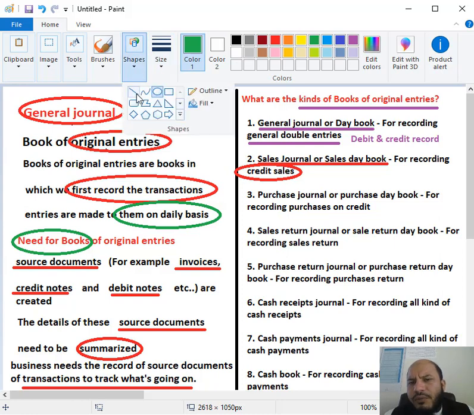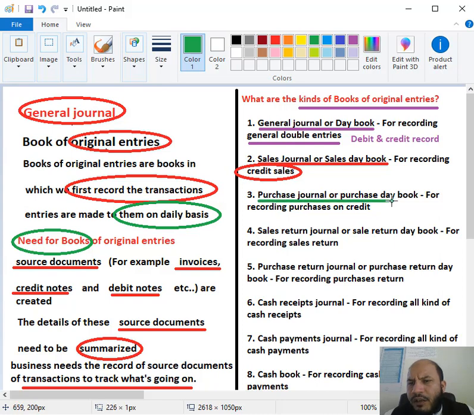The other type of book of original entry is called the purchase journal. So what is the purchase journal? It's also called the purchase day book.